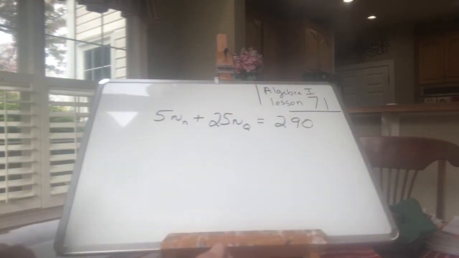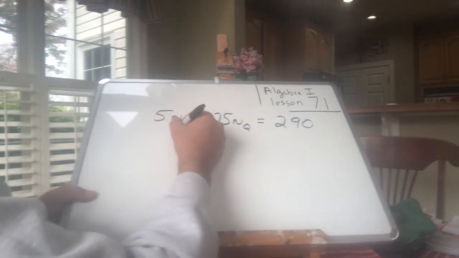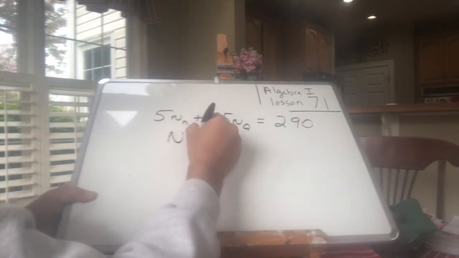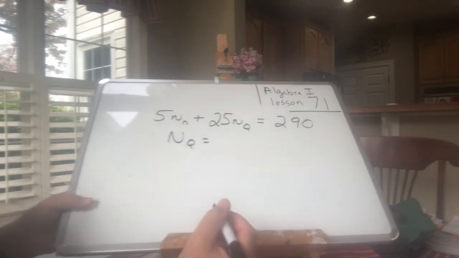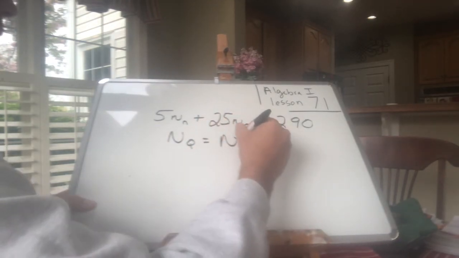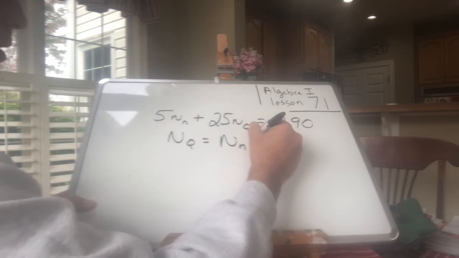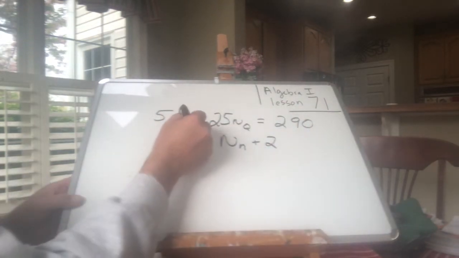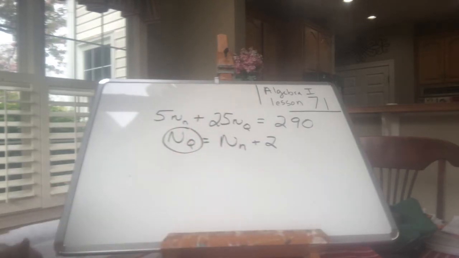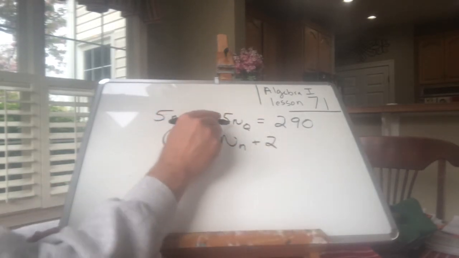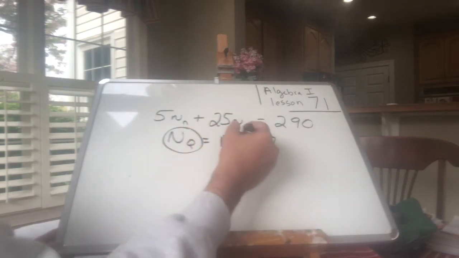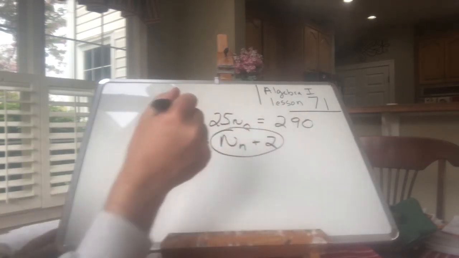And they're using the substitution method. So what they say is, well, the number of quarters equals the number of nickels plus 2. So when we're using the substitution method, well, here's what the number of quarters equals. And that's going to go in right here. So it's going to be 25 times this right here.